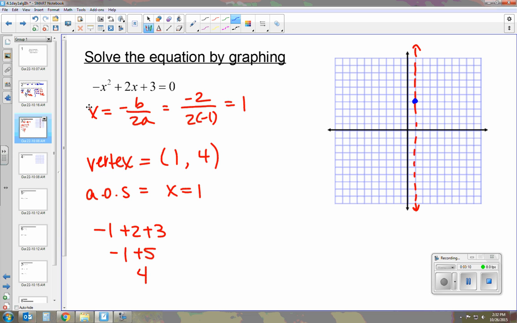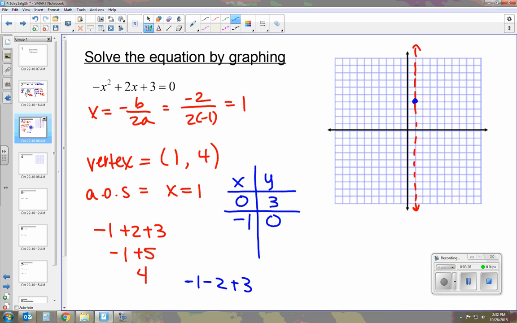And then we pick 2 points to plug into a table of values. I'm going to pick 0 because that's easy. So (0, 3). And let's try negative 1. So we have negative 1, it's going to be negative 1 minus 2 plus 3. So that's going to be 0. So let's graph (0, 3) and reflect it.